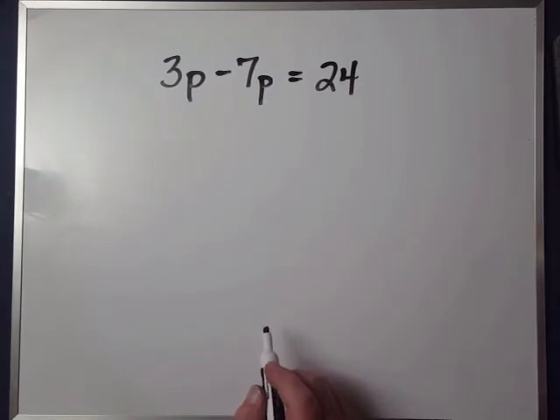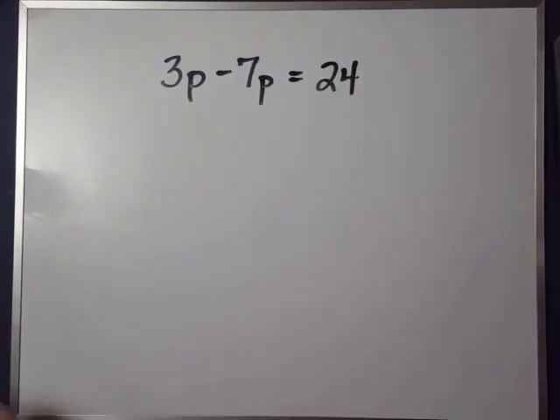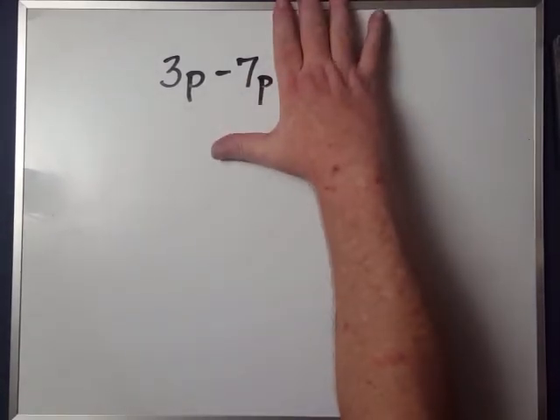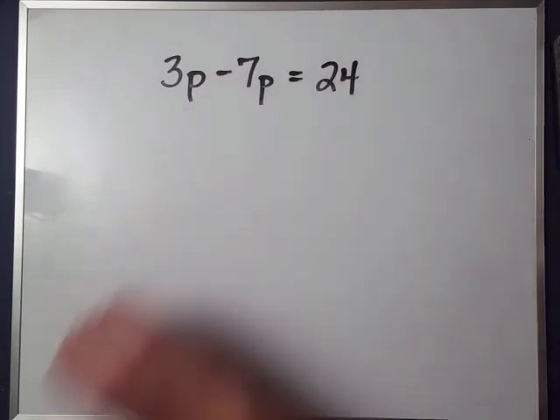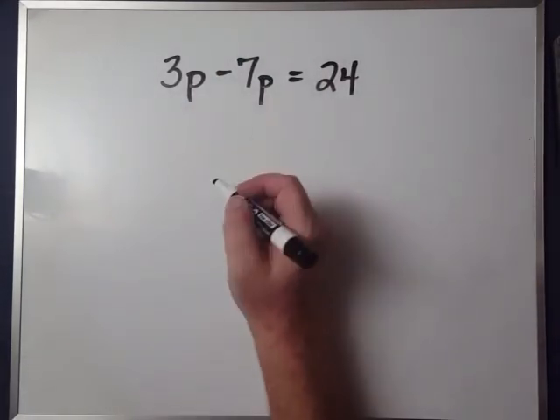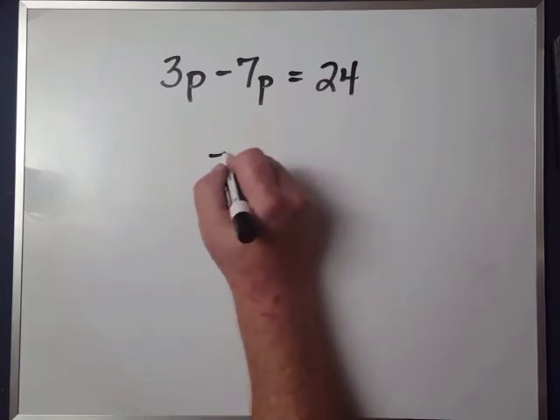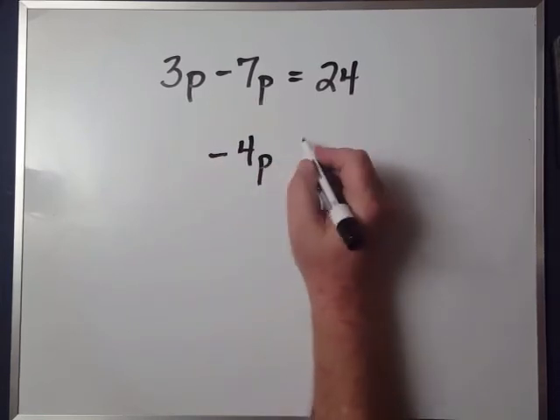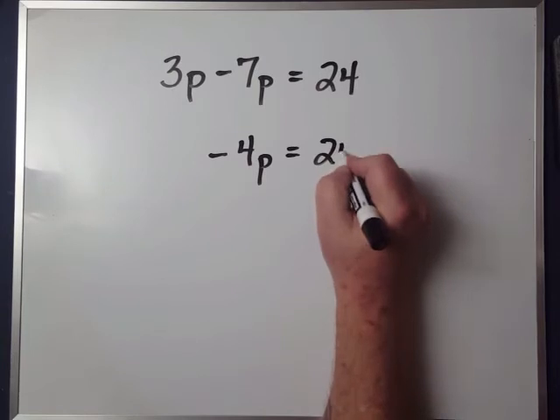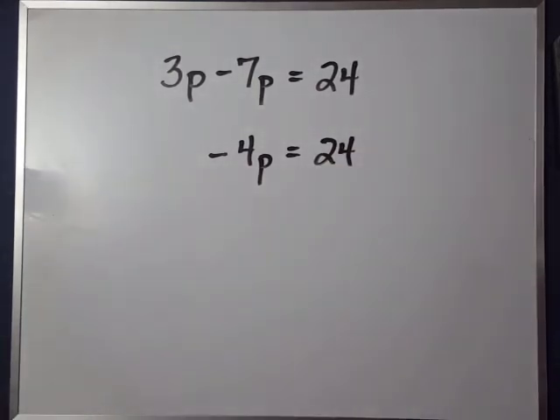All of our equations to this point, both sides have been simplified. But here, the expression on the left-hand side of this equation can be simplified further. And so we will carry out the subtraction combining like terms. 3p minus 7p, negative 4p. The right-hand side was already simplified.